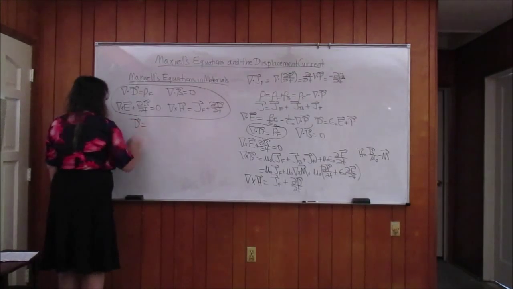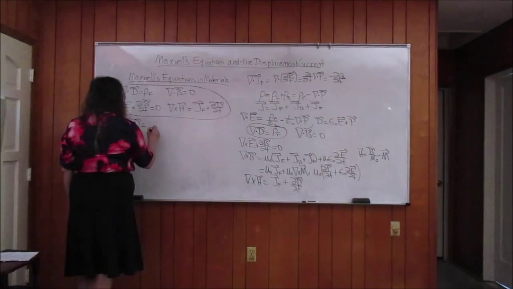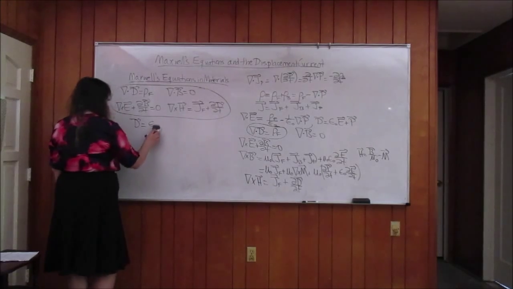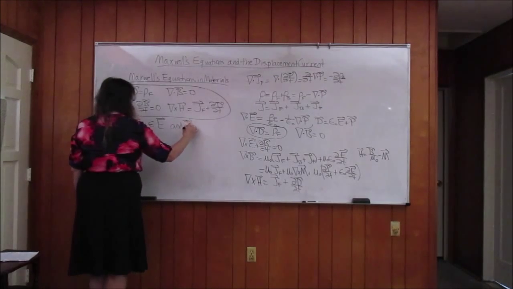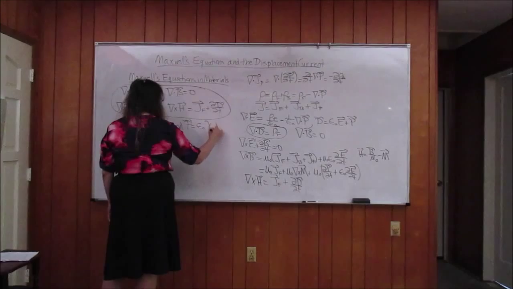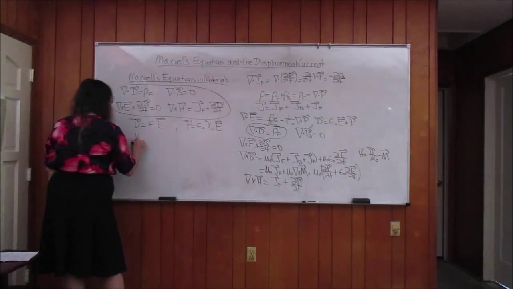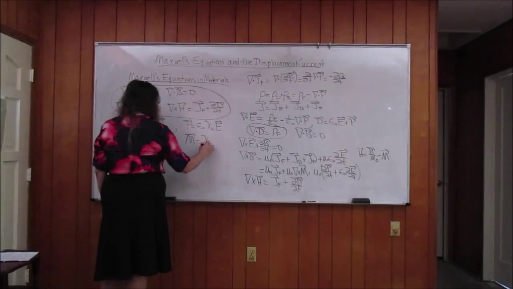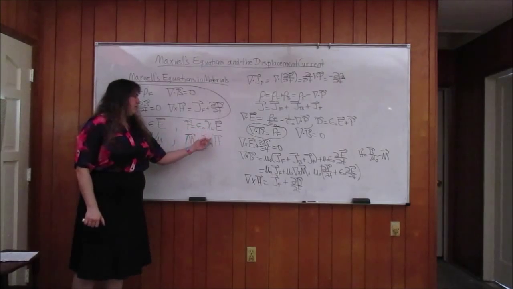So for a linear isotropic medium, which is the only kind of problem we consider in this course, this is equal to... and remember the chi's are susceptibilities.